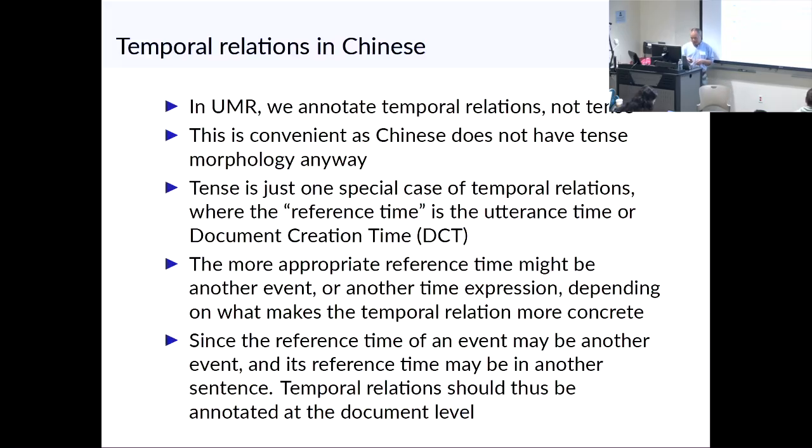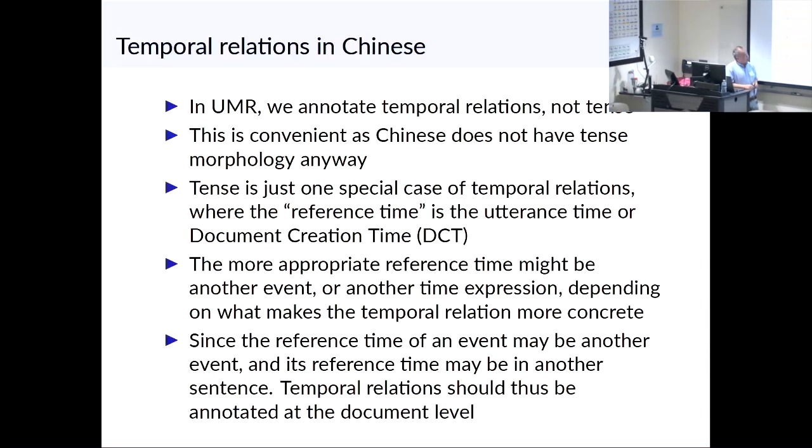All right. So the most appropriate reference time might be another event or another time expression. Sometimes it can be both. What makes the temporal relations more concrete is essentially the reference time. A couple of things you have to consider. One is that there should be a clear temporal relation between the reference time and whatever you're considering.